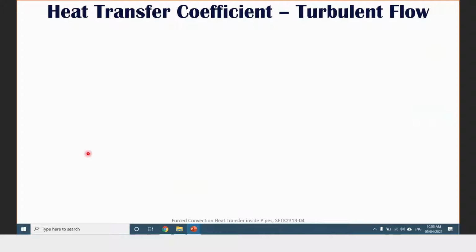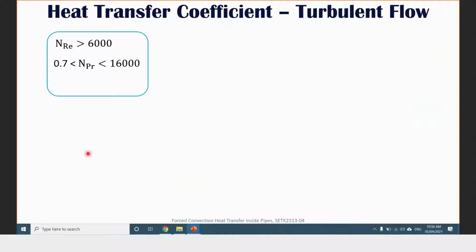So how about turbulent flow? For turbulent flow, the Reynolds number must be more than 6,000, the Prandtl number between 0.7 and 16,000, and the length of the pipe divided by the inside diameter of the pipe must be more than 60.